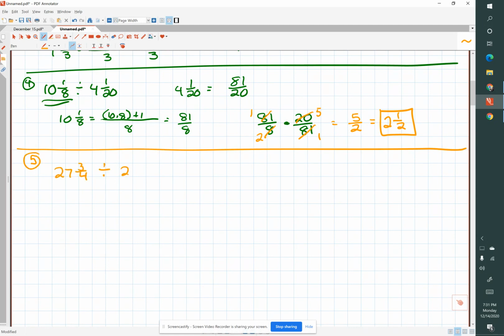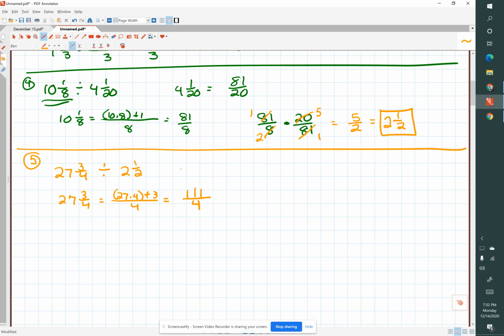Divided by 2 and 1/2. So let's make our conversions to improper fractions. So 27 times 4 plus 3, and 27 times 4 equals 108 plus 3 more is 111 divided by 4.